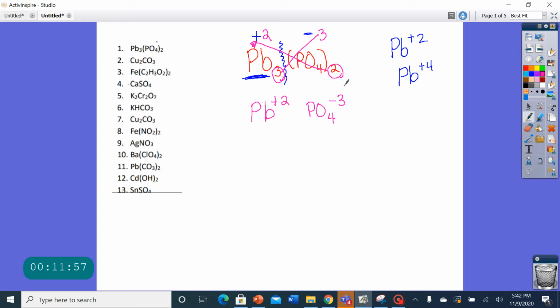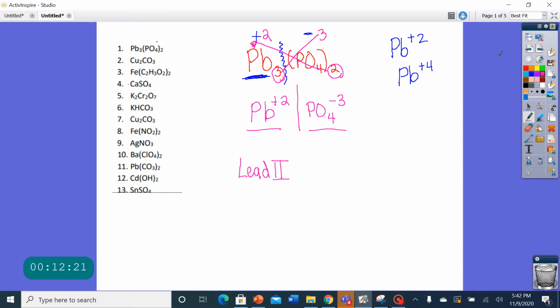Now that I have these two ions, I just have to look them up and find the name. So I already know that this is lead because I looked it up, and I'm using a Roman numeral because it was part of the list, and it's going to be a Roman numeral 2 because its oxidation number is 2. This one, if I don't know what the name is, I know it's a polyatomic ion.